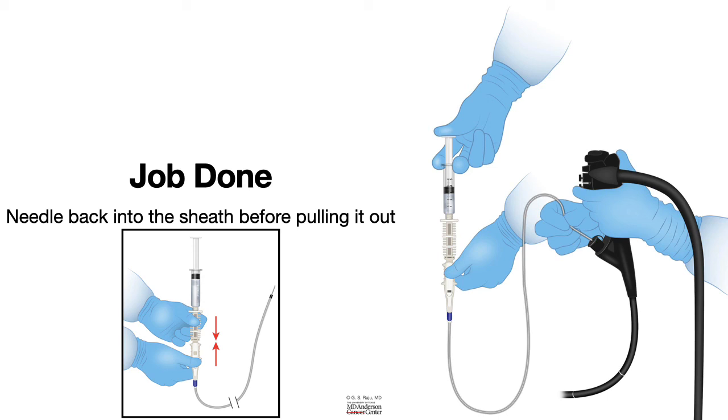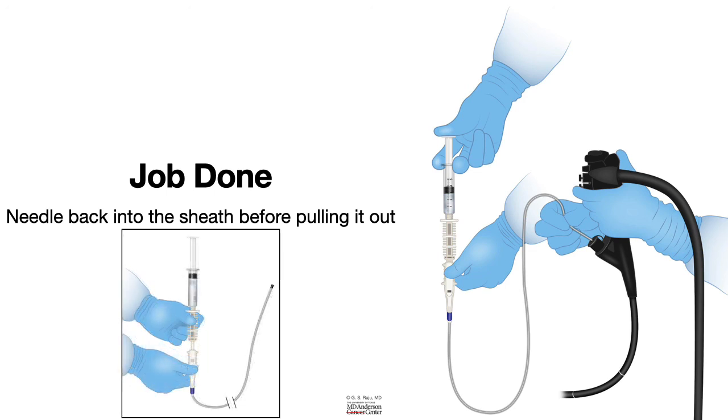In that case, you need to first pull the needle back into the sheath. This is what you do to get the needle back into the sheath, and then take the injection catheter out of the endoscope channel.